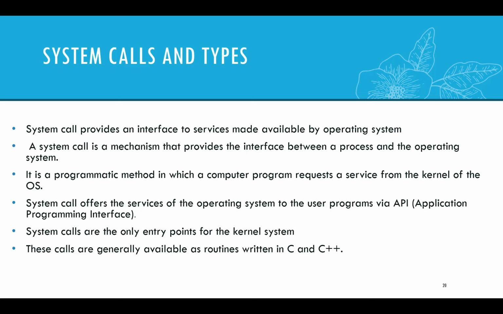System calls are the only entry point to the kernel system. System calls are generally available in assembly language, but they are also available as routines written in C and C++, which are high-level languages that allow the system call to be made directly. This is how we can define a system call.